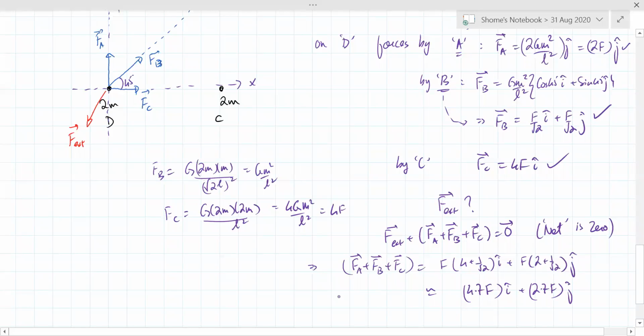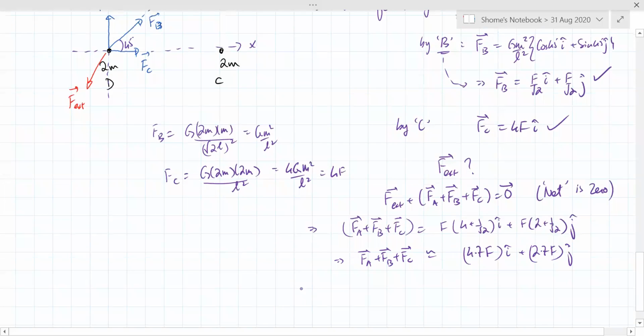So that is this. That is equal to this. Okay. So therefore, the external force is negative of this. So it is negative of 4.7 F I cap.